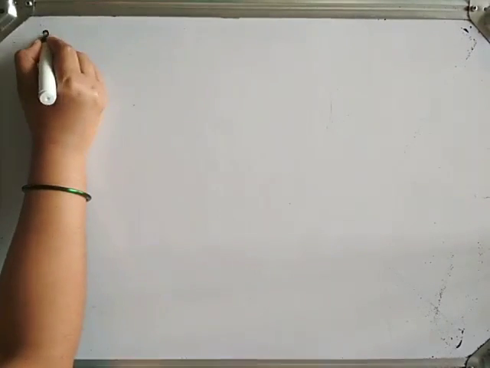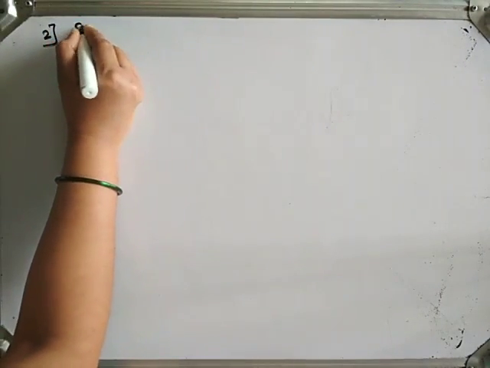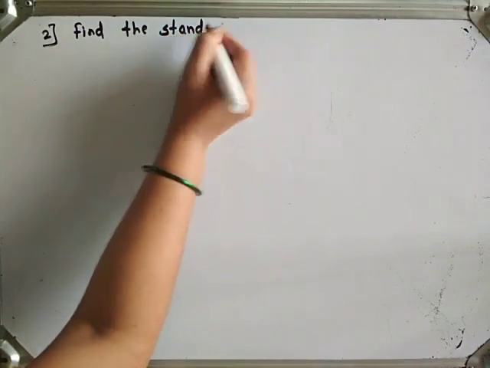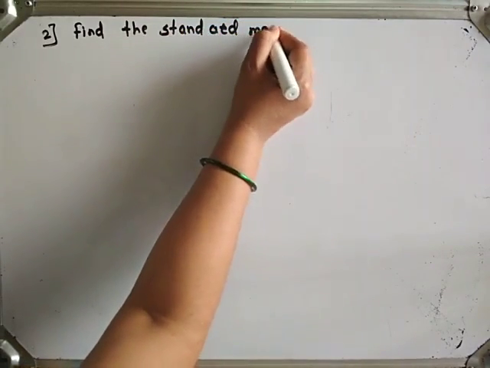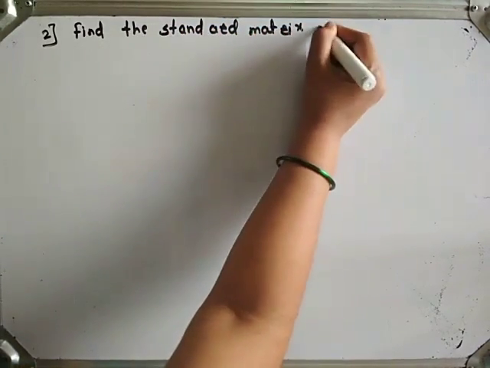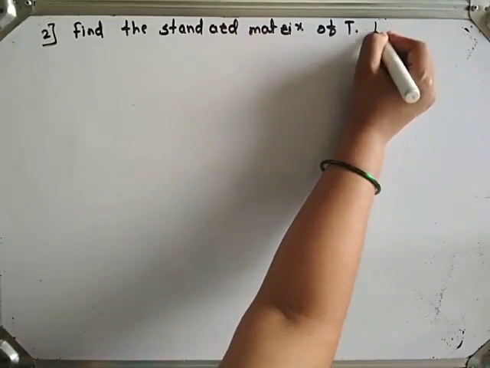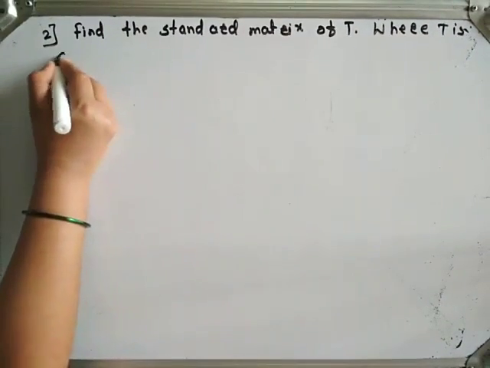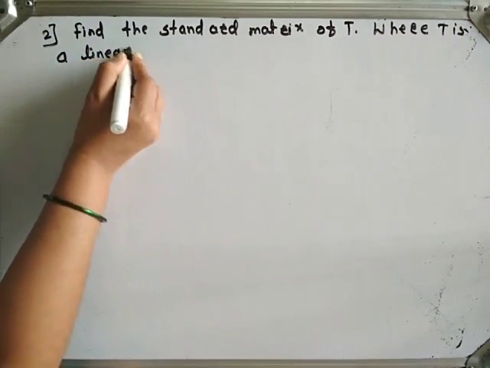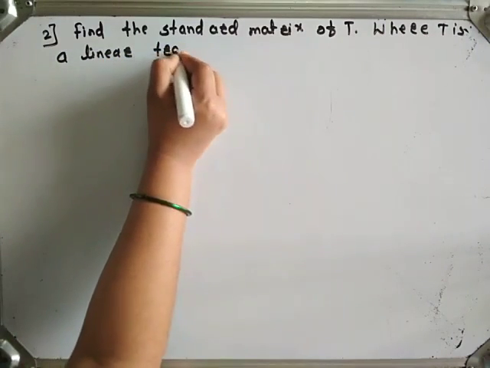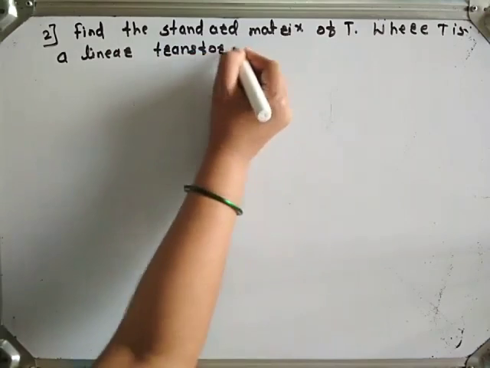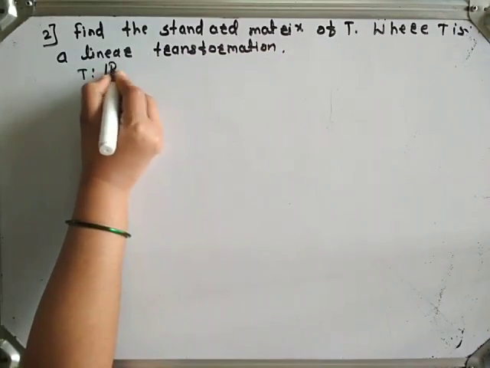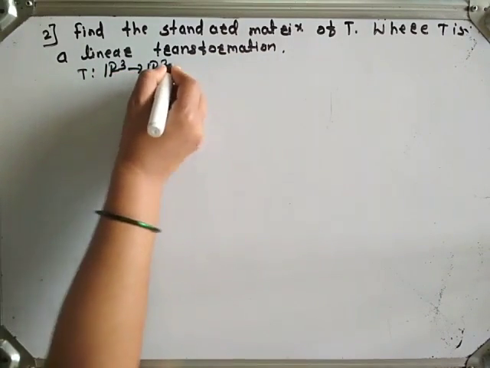Let us take the next example. Second, find the standard matrix of T, where T is a linear transformation from R3 to R2.